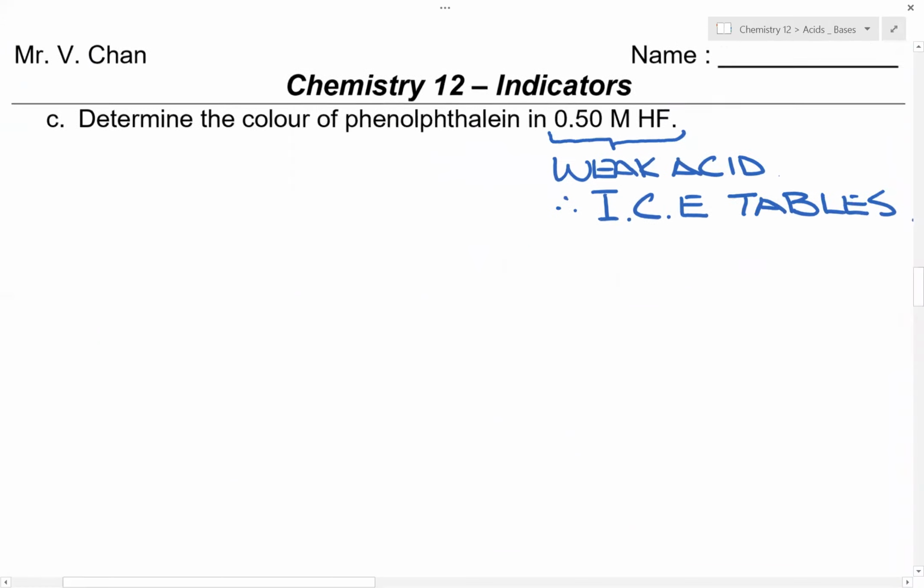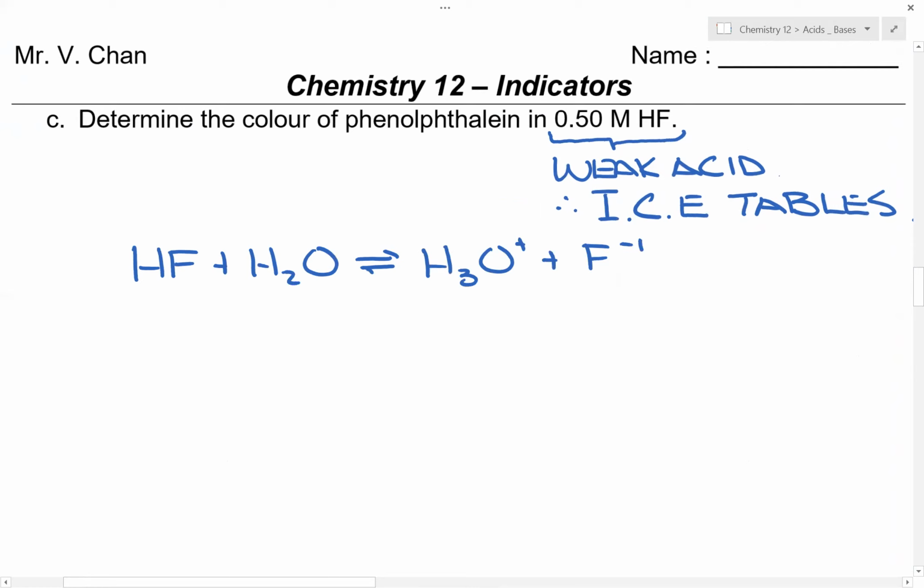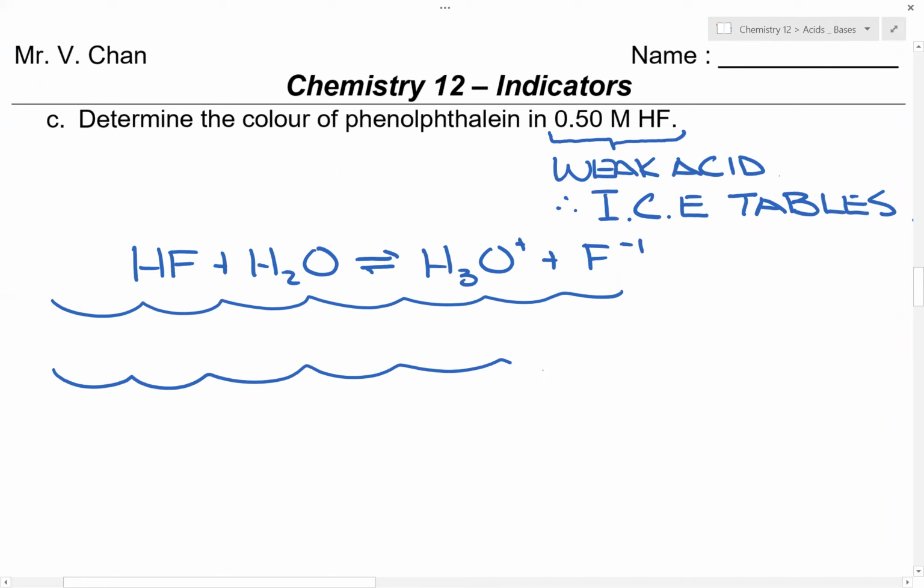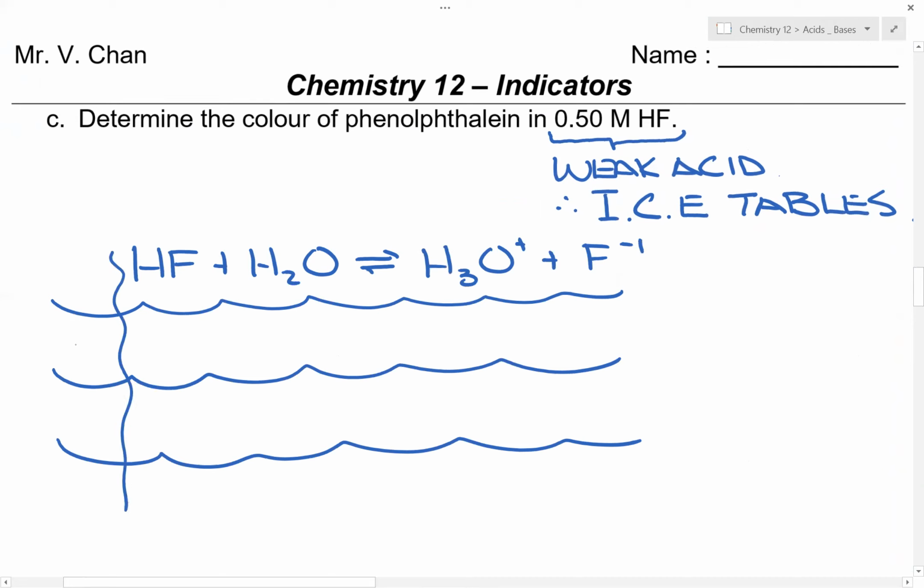So again, what you would do is you would go HF plus water is in equilibrium with H3O+ and F minus. We set up our ICE tables.